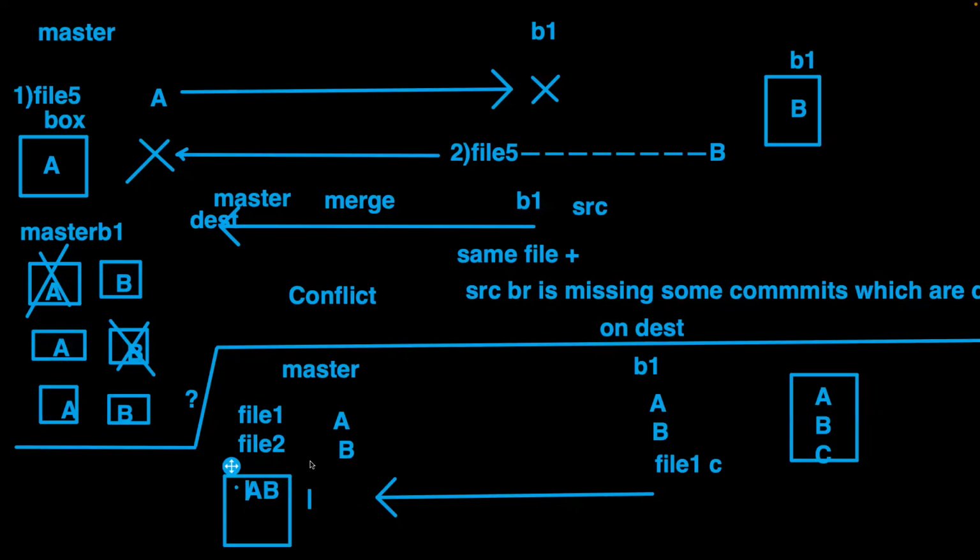I'm making changes to the same file. Will I get a conflict now? Obviously no. It's the same file, but the source is not missing any commits which are there on the destination. A, B are there. I made a branch and am just making some new things on B1. This is our first use case, if you remember. The first use case is a different file, but this is the case with the same file. Understood? Is it clear? Yes.